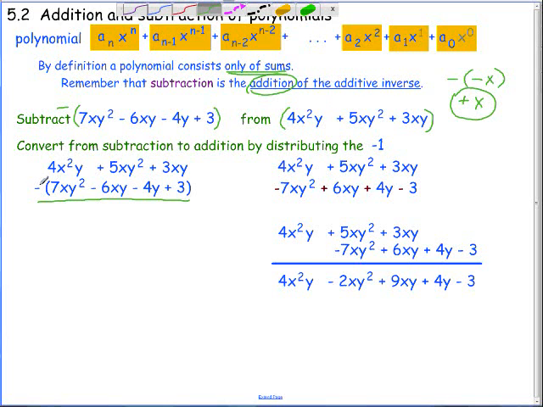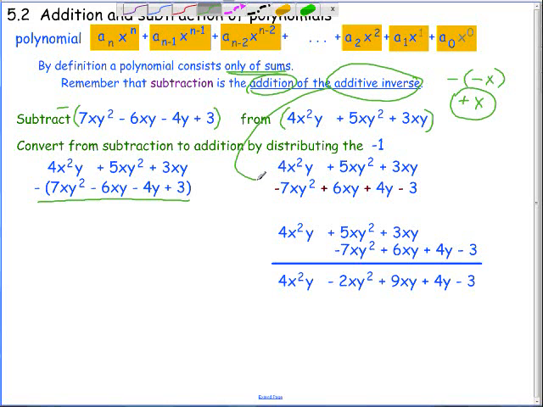What I would do in that case, I would figure out what the additive inverse was by changing every sign in the term. This 7 is positive, I make it negative. This 6 is negative, I make it positive. Negative, positive, positive, negative.